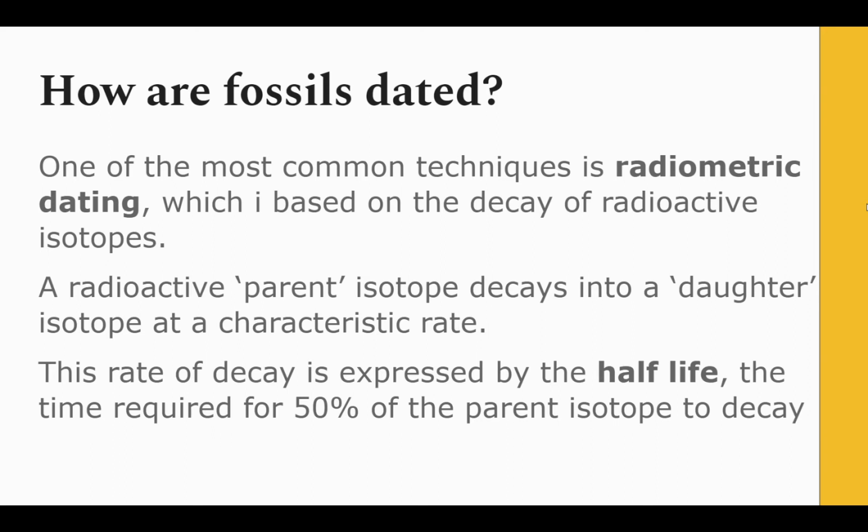Starting us off, our fossil dating system is called radiometric dating, which is based on the decay of radioactive isotopes. So they can look at a fossil, do a test on it to determine at what state of decay the elements in that fossil are.